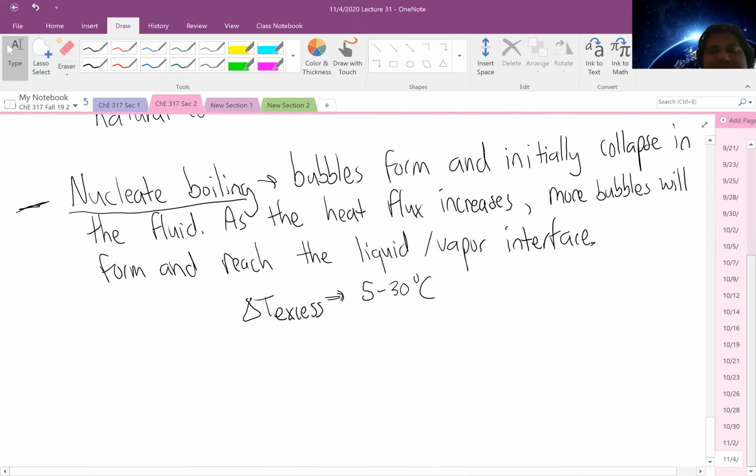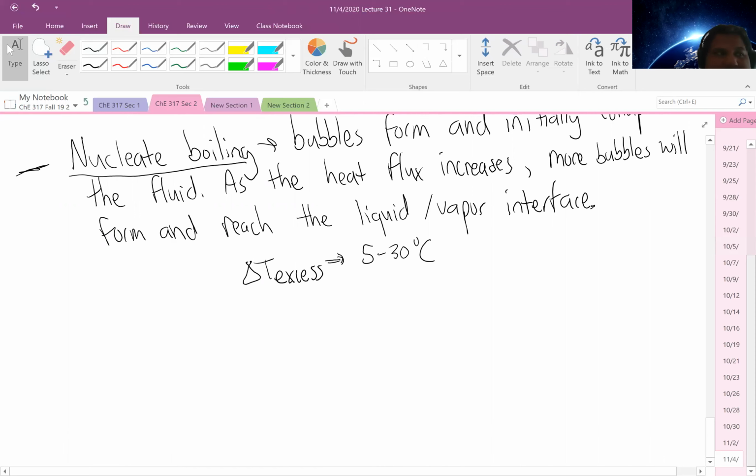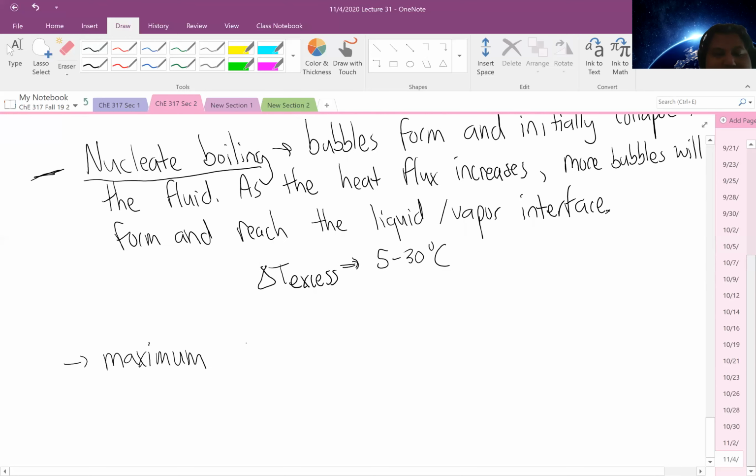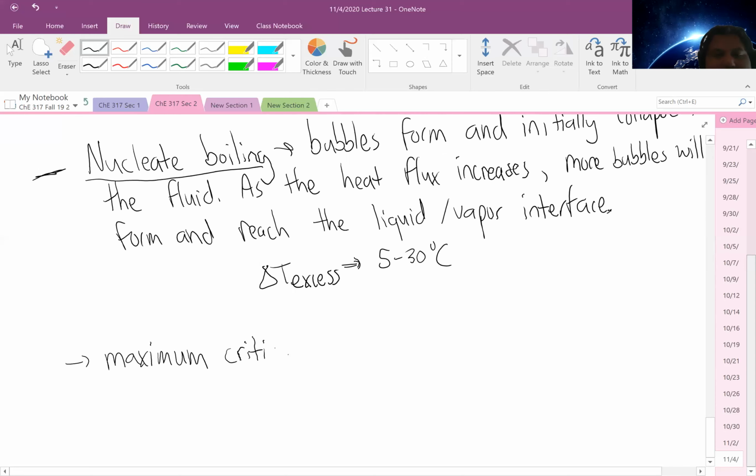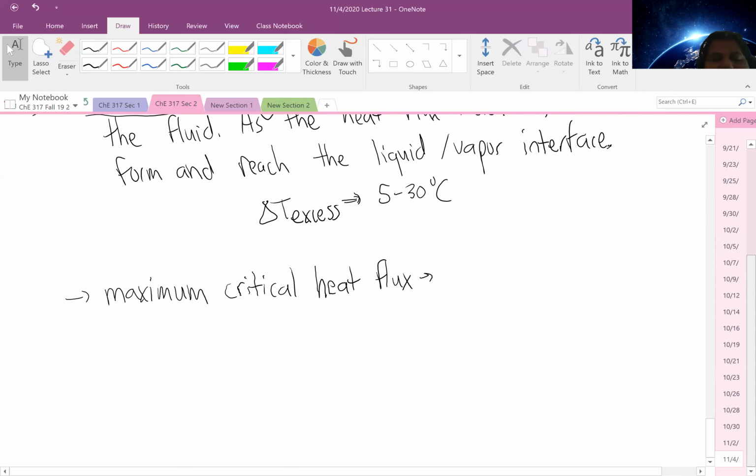All right. So when we get towards the end of nucleate boiling, we reach what's known as the maximum critical heat flux. And it's called the maximum critical heat flux for a couple of reasons.